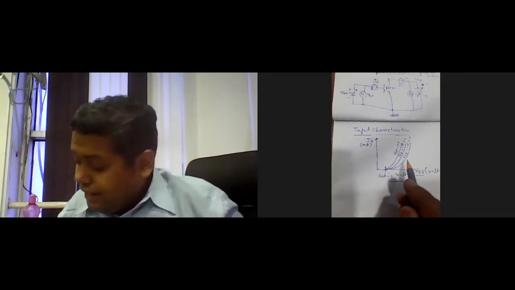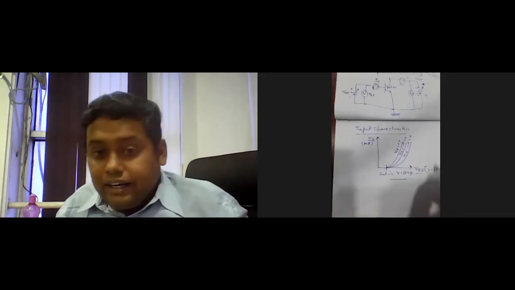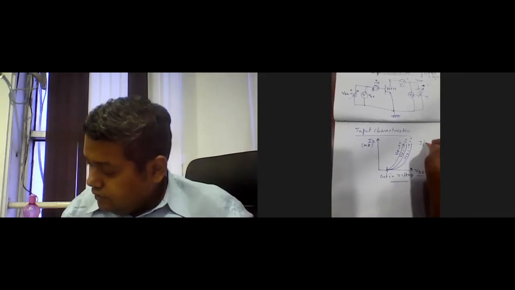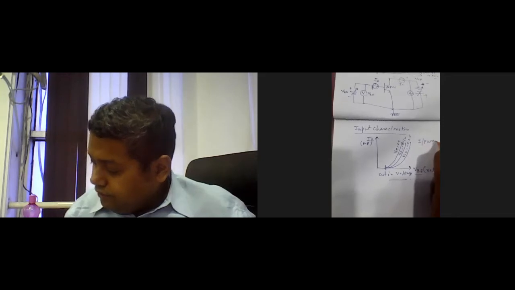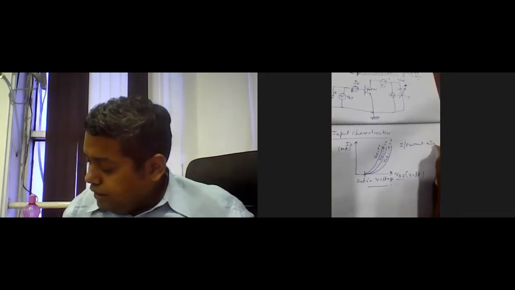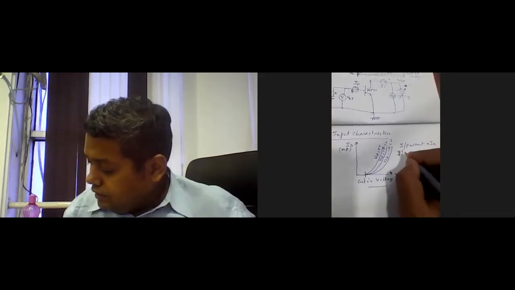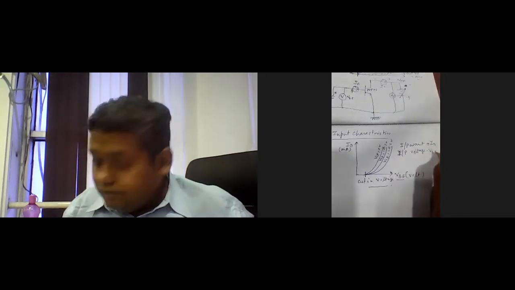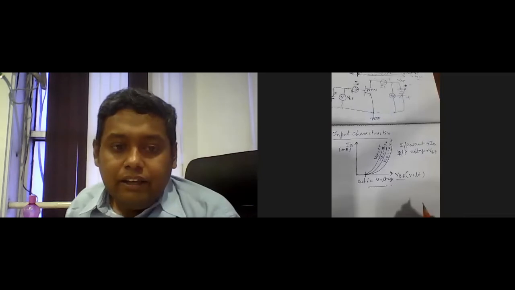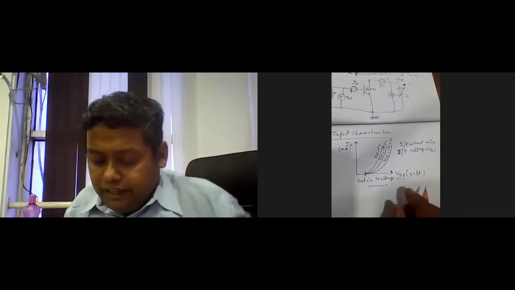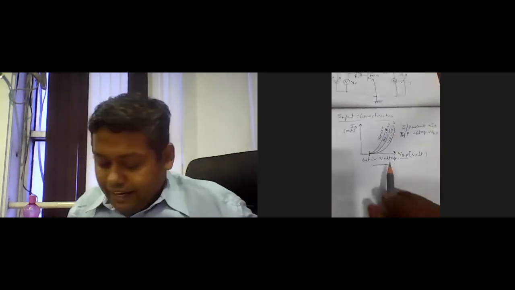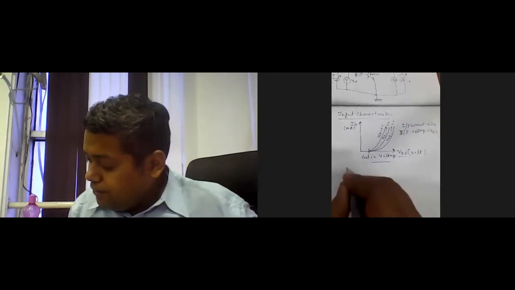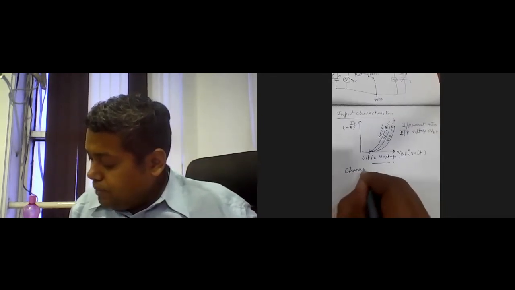Here the input current is IB and the input voltage is VBE. So here we will get the characteristics of a PN junction diode.